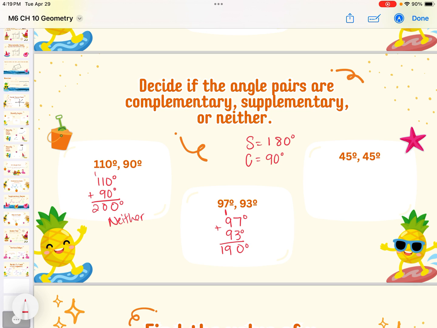So still too much. So this is again neither. And then lastly, we have 45 and 45. 5 plus 5 is 10. And 4 plus 4 plus 1 is 9. 90 degrees. So these two angles are complementary. Okay. So that's not so bad.